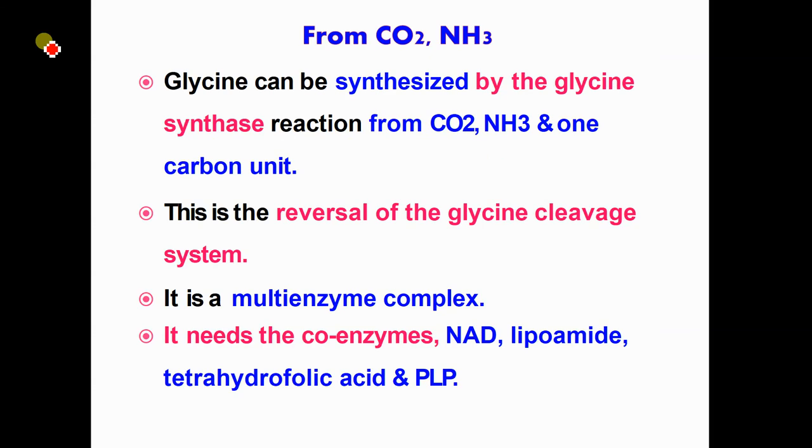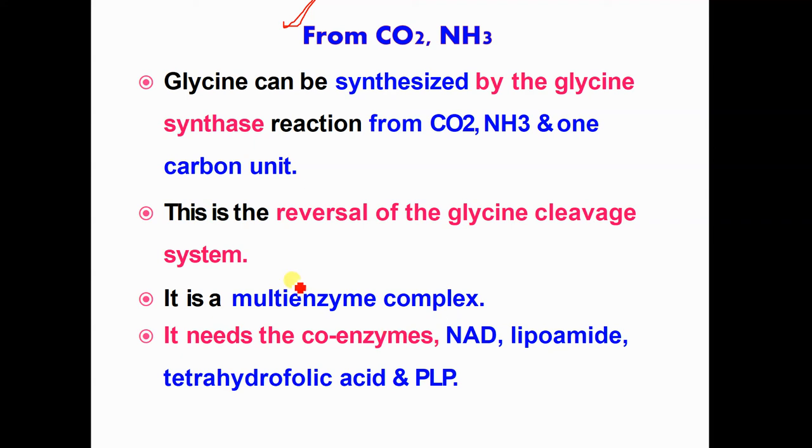And from carbon dioxide and ammonia, please do remember this is an important reaction, especially regarding glycine synthase. In the body, glycine can be synthesized from carbon dioxide, ammonia and one carbon unit. For this reaction we require an enzyme known as glycine synthase.